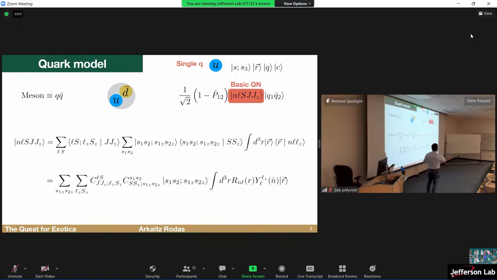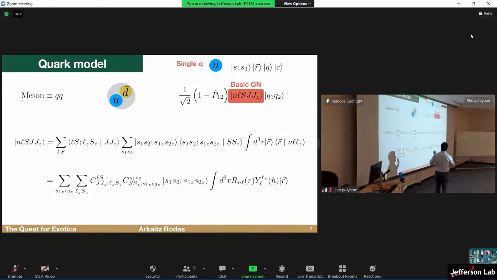So let's start with a single quark. We have a lonely quark that has spin components, then some spatial wave function, then the flavor part and the color. Remember that our hadrons are color singlets, so we're not going to look at the color part of a quark anti-quark construction, but then it's going to have some basic quantum numbers. Again, this symmetrization.